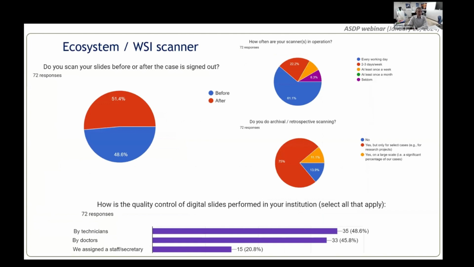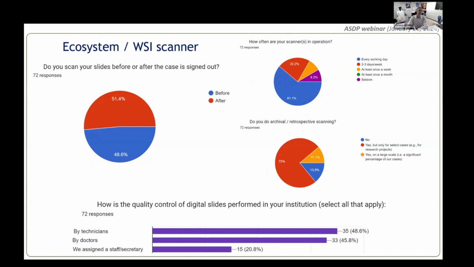Going on with the slide scanner. Do you scan your slides before or after sign-out? There was almost an equal split between before versus after. How often are your scanners in operation? In most labs, they were operating every working day. Do you perform retrospective or archival scanning?